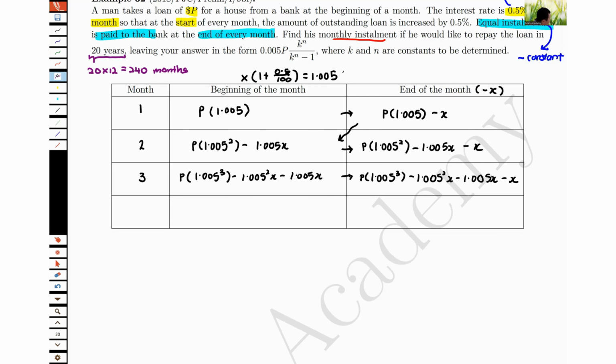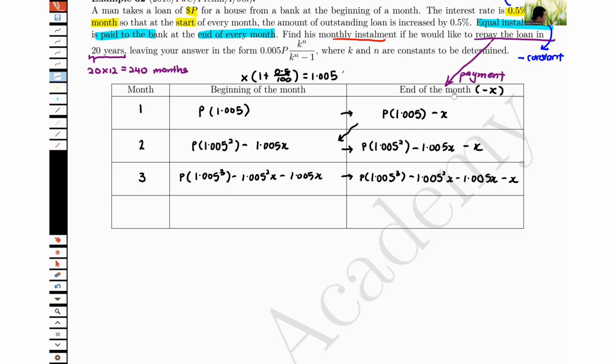Which column are we looking for? Look at the question carefully. You want to find the monthly installment if he were to repay in 20 years. So you want to look at the payment column. We are not asked for what happens after the interest. We are asked for payment. I want to complete the payment. So let's look at the payment column.